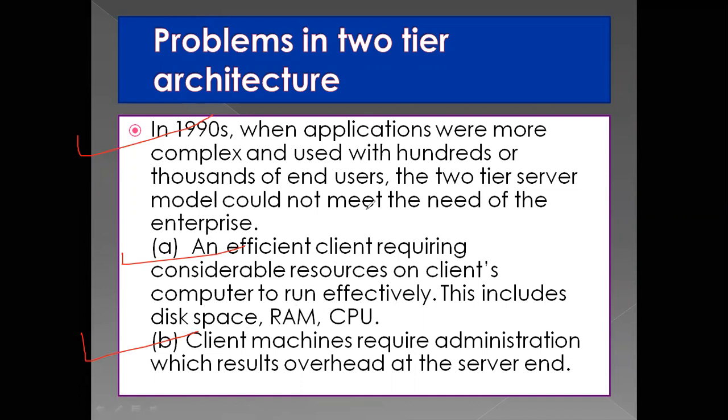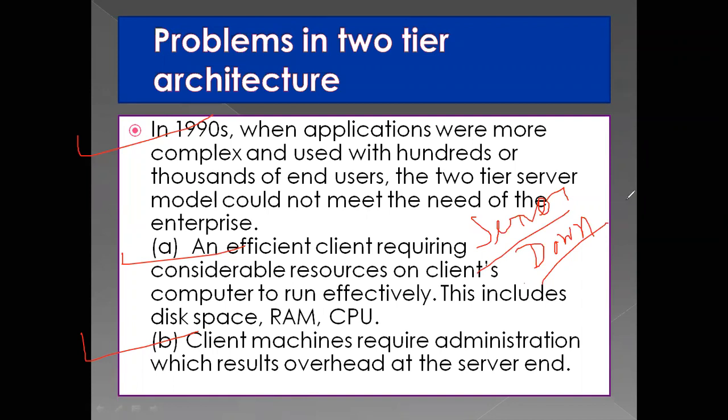So what is the first problem? When our number of users increases, then what would happen? You will see a problem that we normally call, have you heard this term, server down? Yes, sir.